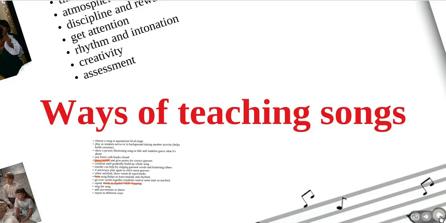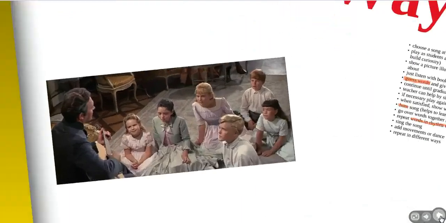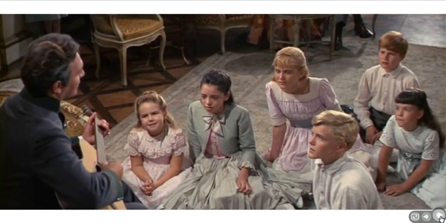Before considering how to use songs in class, we need to plan how we will actually teach the songs to the students. While drill and kill is always an option, there are other ways, such as this one, from The Sound of Music. It looks rather idyllic, don't you think?